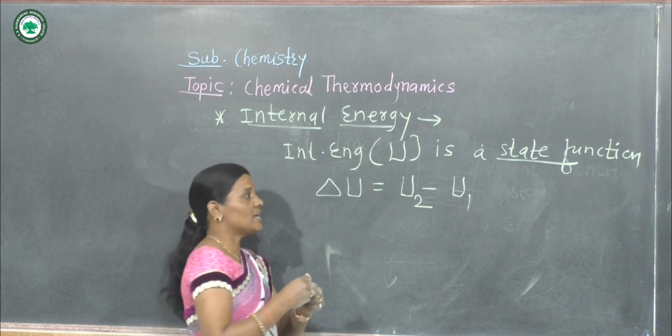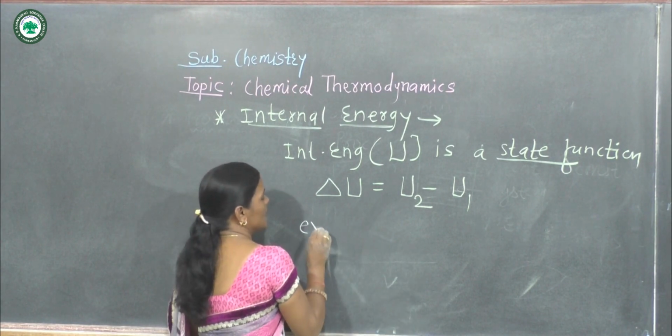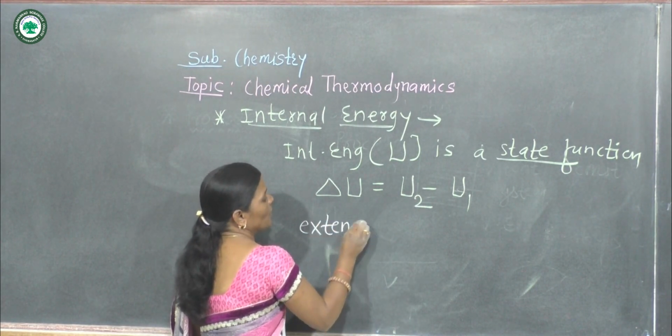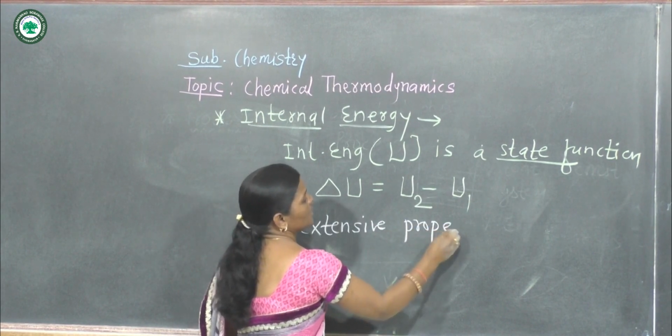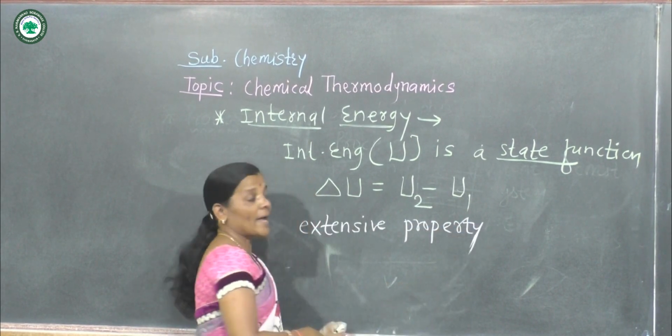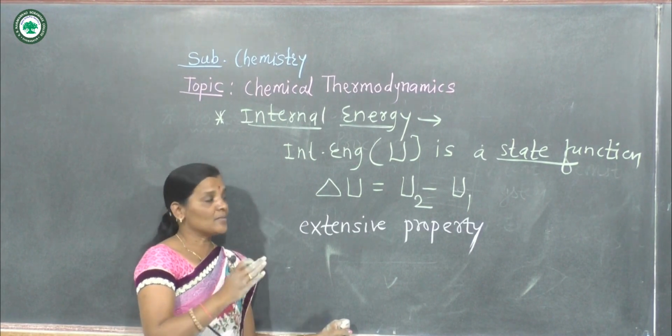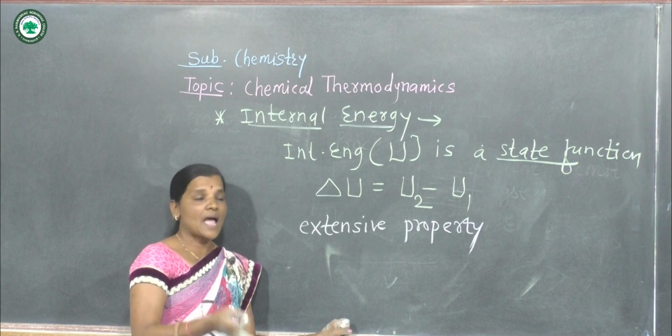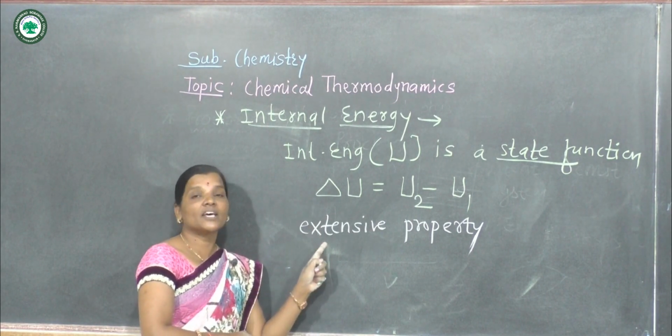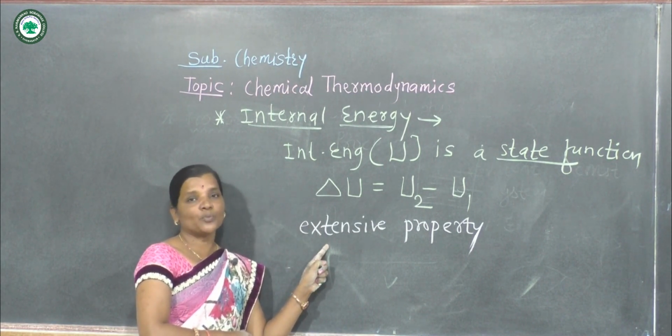And so internal energy is an extensive property. Why? Because the different types of energy depend upon the mass present within the system.